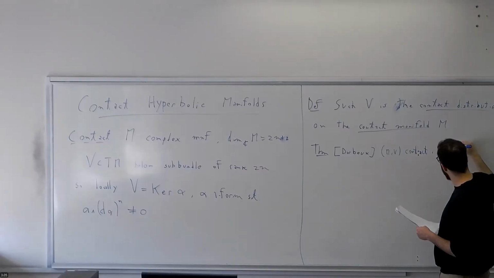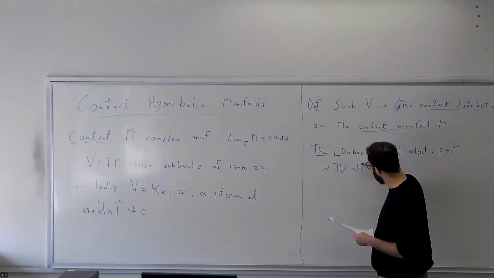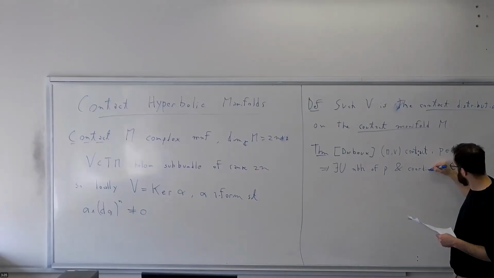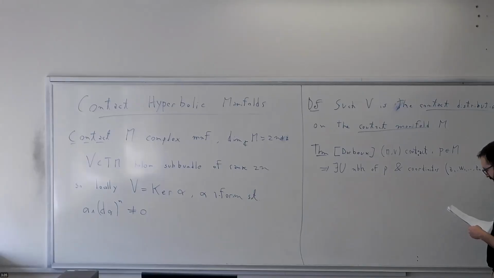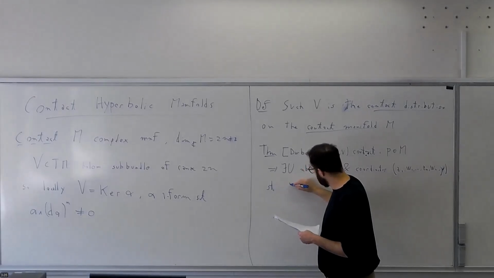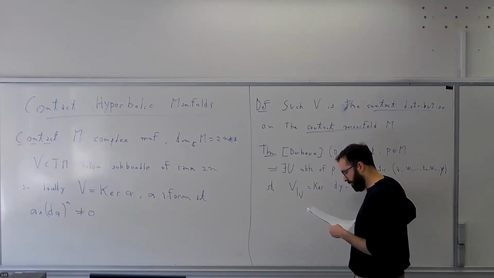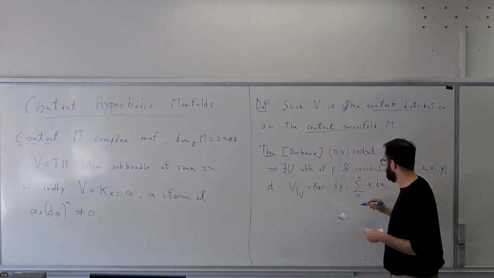We take a point P in the manifold, then there exists a neighborhood U of P and holomorphic coordinates z1, w1, up to zn, wn, so these are 2n, and then we have the last one, which we call y, such that V restricted to U is the kernel of a very specific 1-form, which is dy minus the sum from j equals 1 to n of zj dwj.